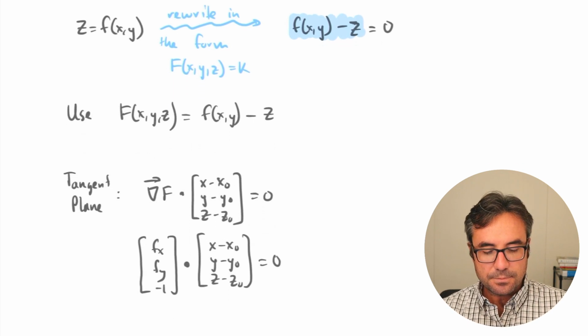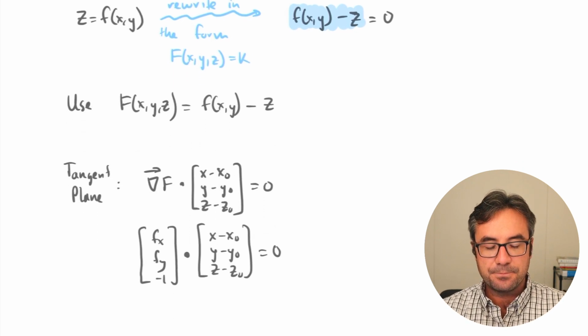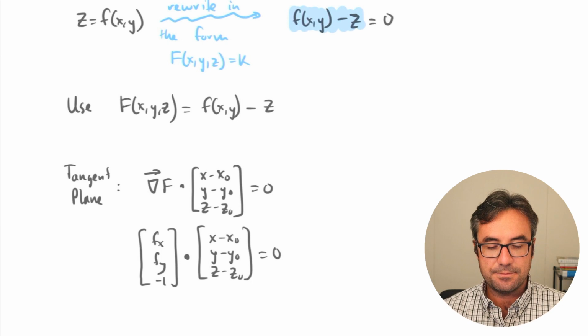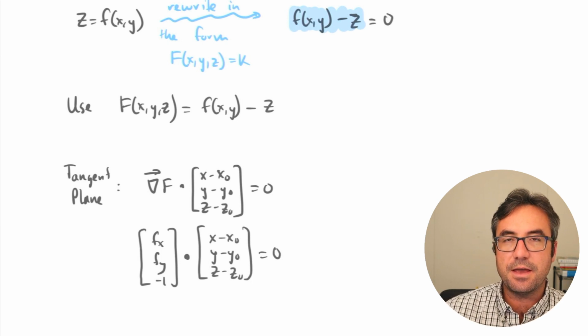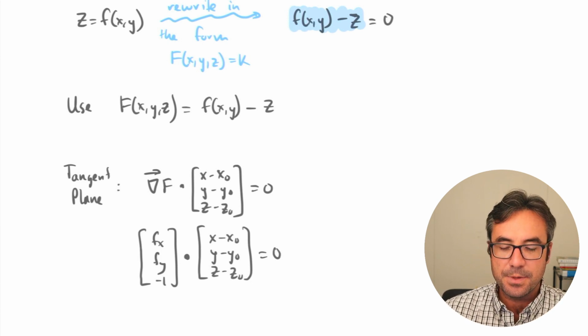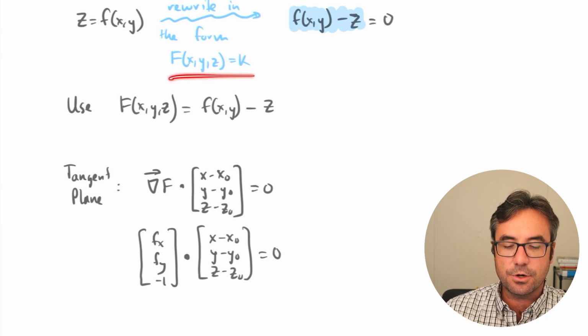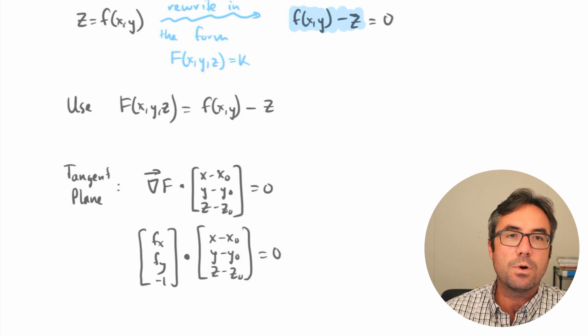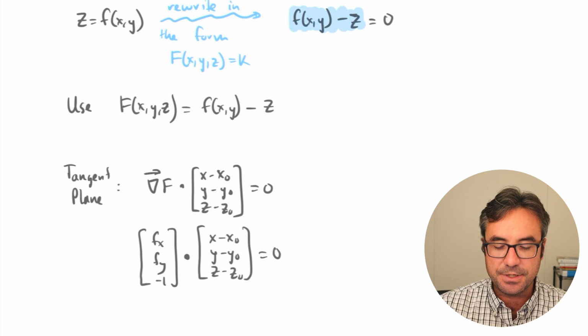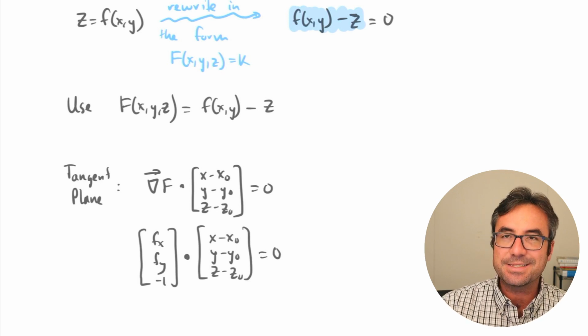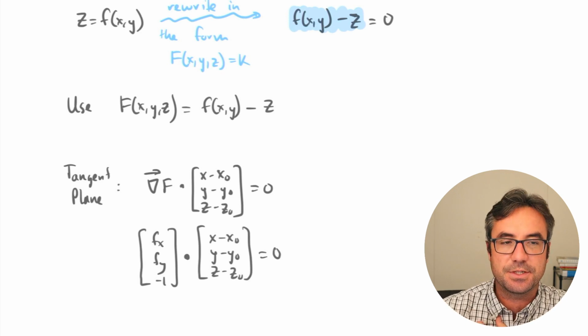So this gives us a way, if we have a function capital F of x, y that's written as a level curve set equal to a constant k, to figure out the tangent line. So the tangent line formula we've seen before is a special case of this gradient version.